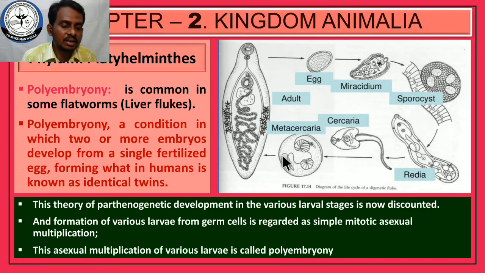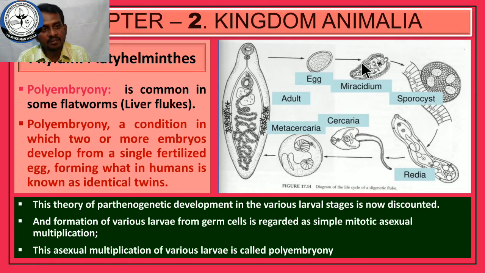See here the various larval stages of this liver fluke. The egg produces a Miracidium larva, followed by the Sporocyst larva, and the Sporocyst larva produces a Redia larva, and the Redia develops into the Cercaria, and the Cercaria develops into the Metacercaria, and the Metacercaria develops into the adult. These are the various larval stages.